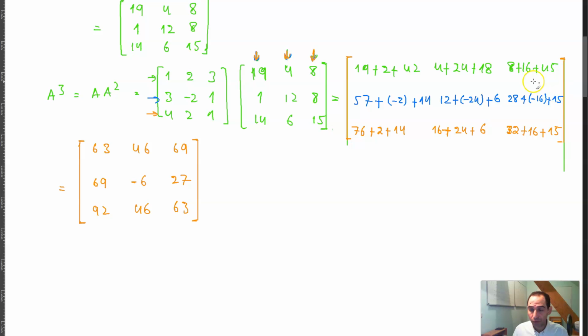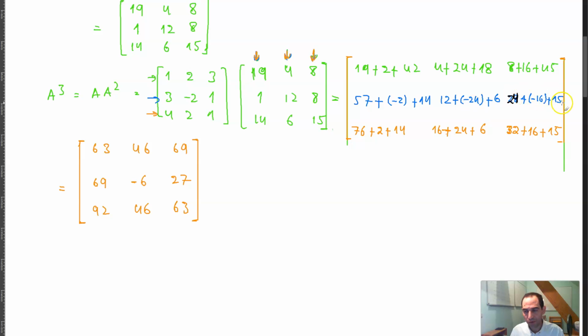So if you want to trace this back, you have to go to the second row, third column. 3 times second row, third column. 3 times 8 is equal to 24. That is a mistake. Negative 16 and 15.